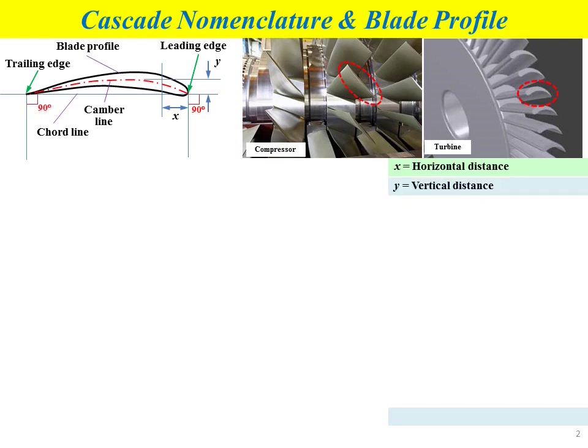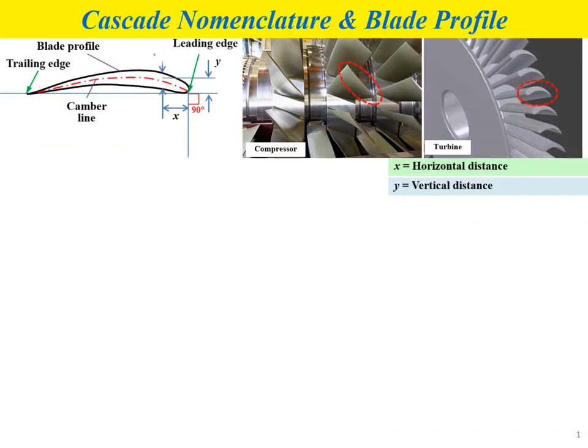The distance between the leading edge point and the trailing edge point we call the blade chord length, described by the parameter L. The parameter T represents the profile thickness.